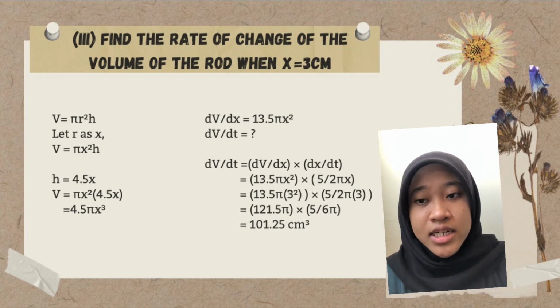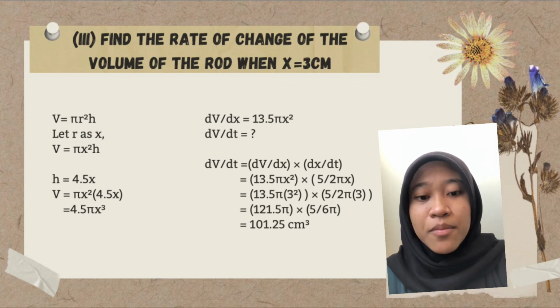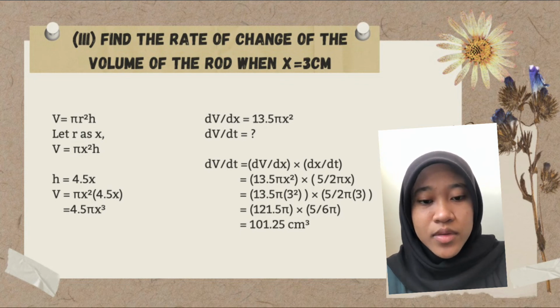From the question, the length of the metal rod is 4.5x cm, so we have the height of the cylinder. We put the 4.5x into the formula, so V equals pi x squared times 4.5x, which becomes 4.5 pi x cubed.